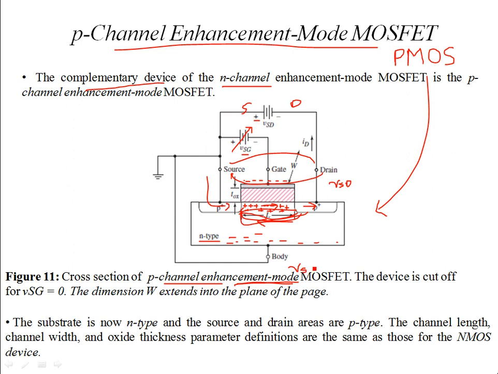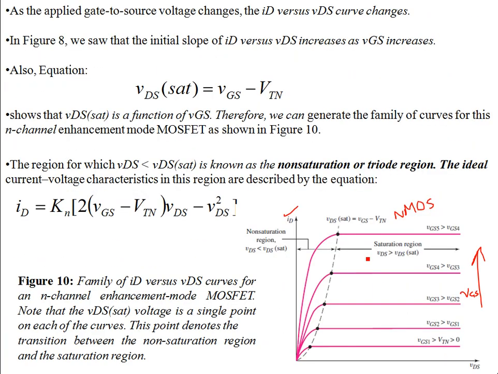Why are we writing VSG? You see, if you have noted this in NMOS, the convention was VGS. The VGS was always greater than 0. It was a positive voltage source, and the substrate body is kept at ground.